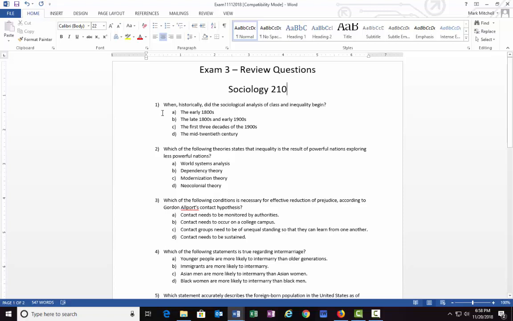Alright, so number one, when historically did the sociological analysis of class and inequality begin? Is it A, the 1800s, B, the 1800s and early 1900s, C, the first 3 decades of the 1900s, or D, the mid-20th century? So what our book, of course, would argue is that the study of this inequality really hasn't been going on all that long.